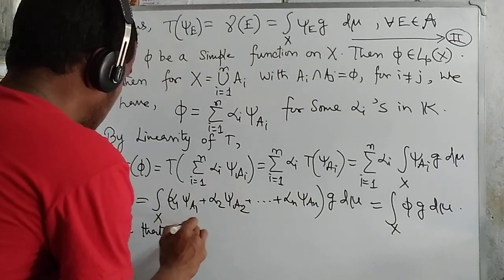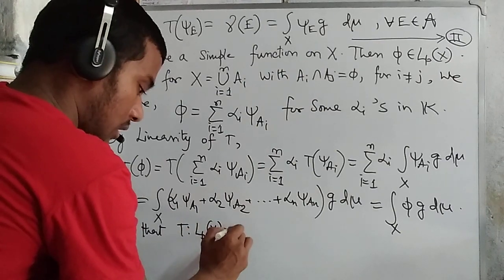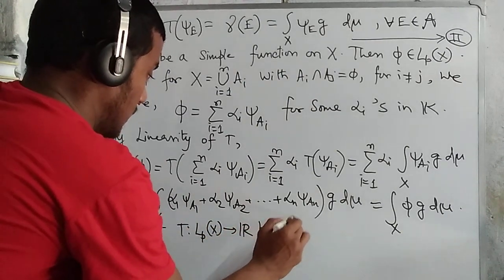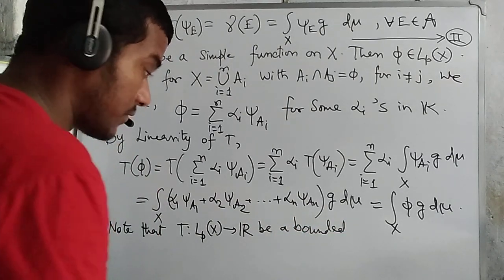Note that T from L^p(X) to R is a bounded linear functional.